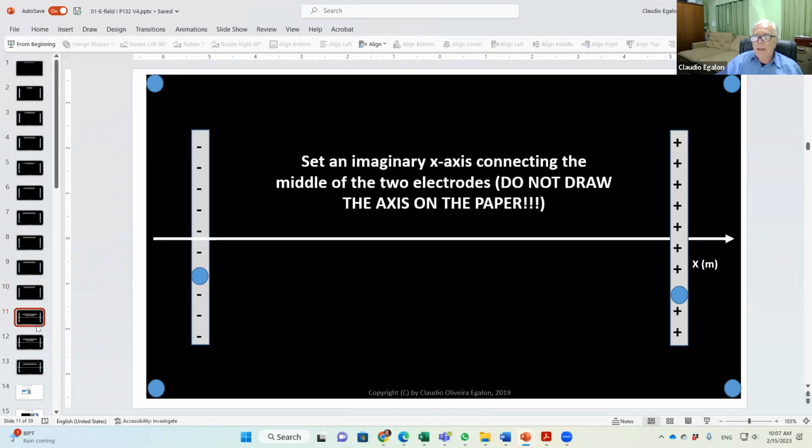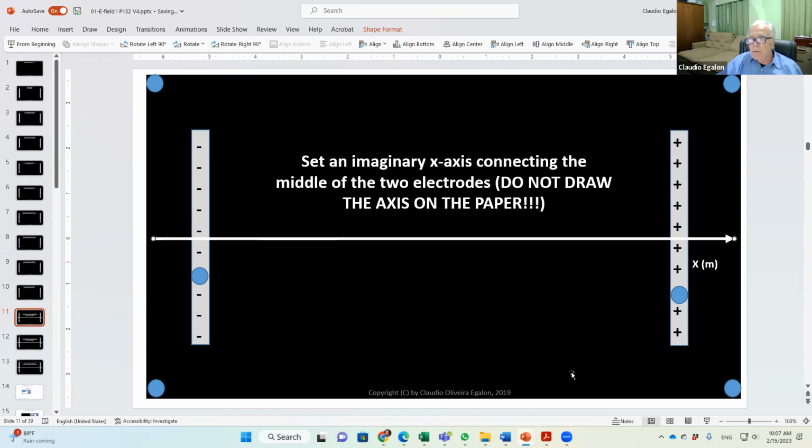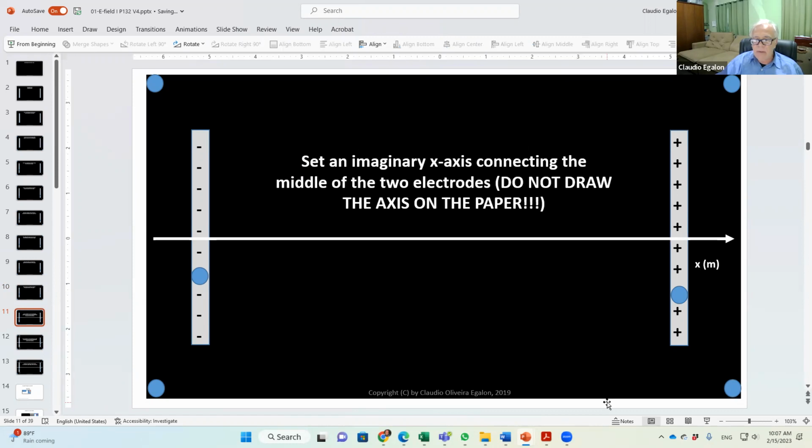So here you go. In the experiment, we set up an x-axis. Here is where I labeled the x-axis.